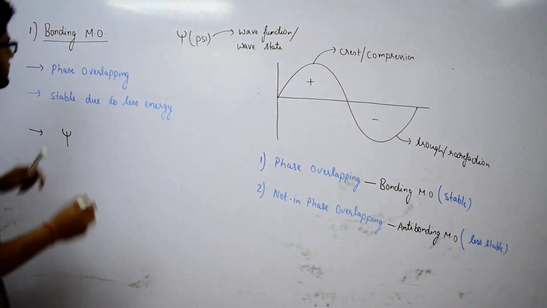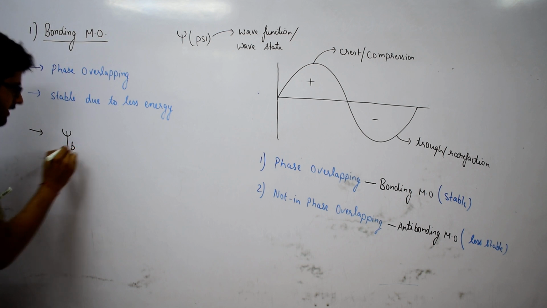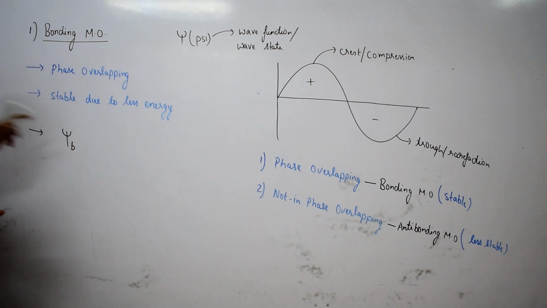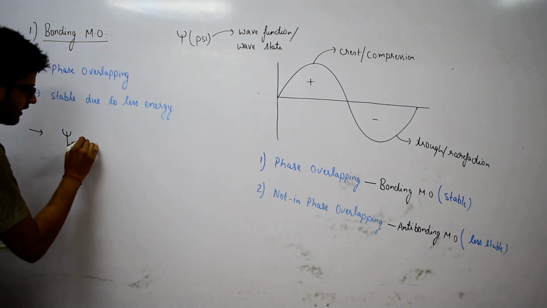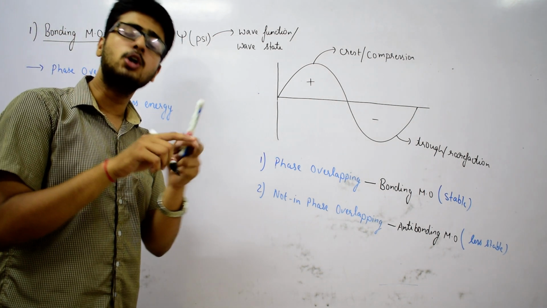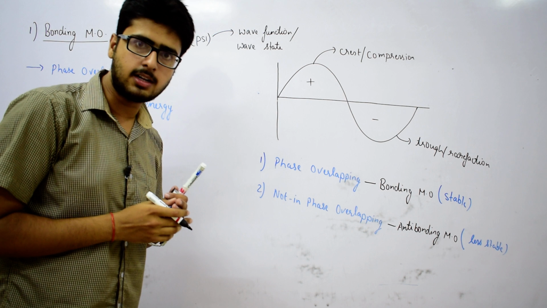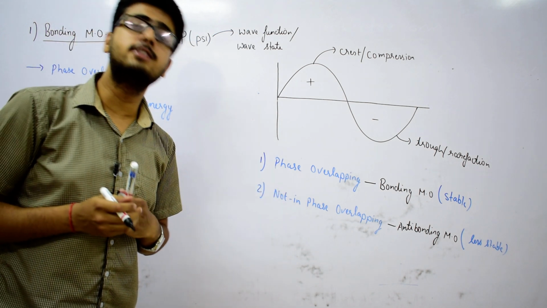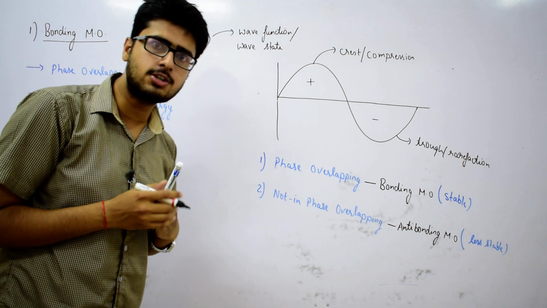Since we are representing the bonding molecular orbital, we are writing psi b, meaning bonding molecular orbital. If this bonding molecular orbital is formed by overlapping of two atomic orbitals, then both of them will have their separate wave functions.